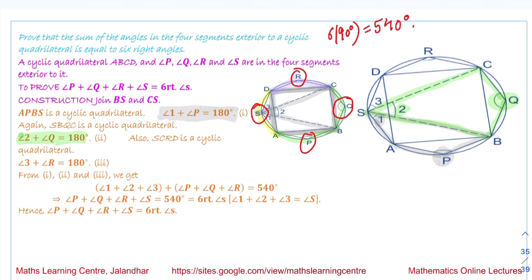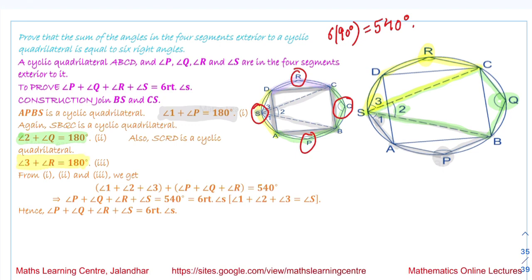Now the third quadrilateral we are considering is quadrilateral S, C, R and D. In this quadrilateral, angle 3 and angle at R are opposite angles. So we get that angle 3 plus angle R is equal to 180 degrees.